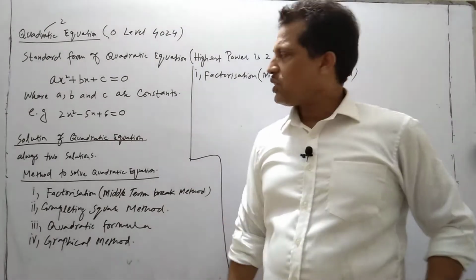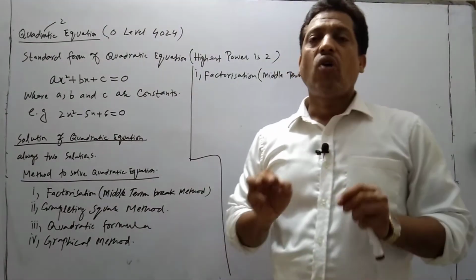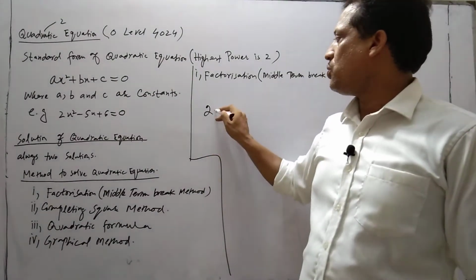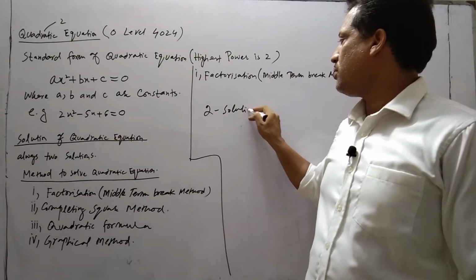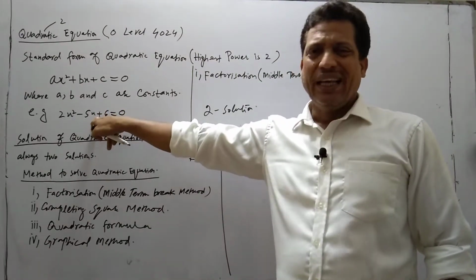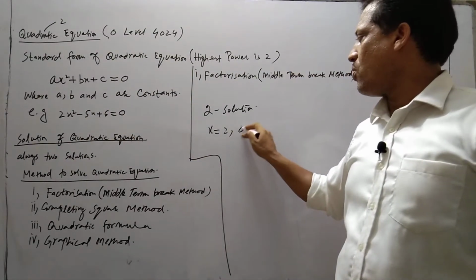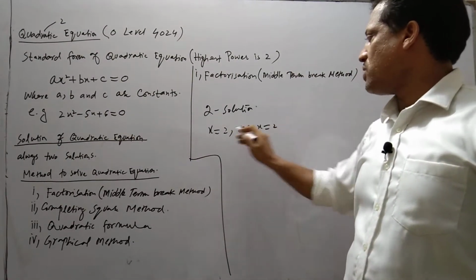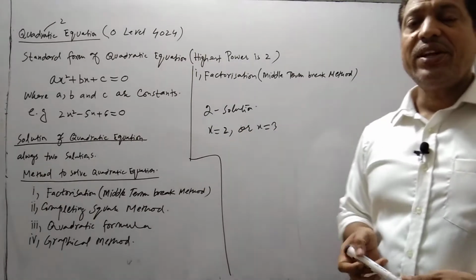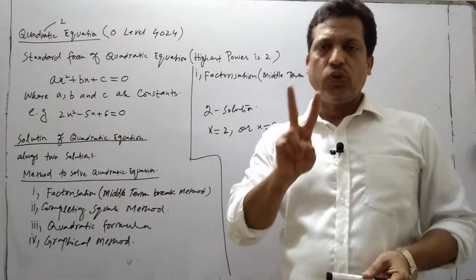Now the next is the solution of a quadratic equation. When you solve a quadratic equation, you always get two solutions. Two solutions means, for example, if you solve this quadratic equation, you will get two values of x. One is 2 and the other is 3. So whenever you solve a quadratic equation, you always get two solutions.